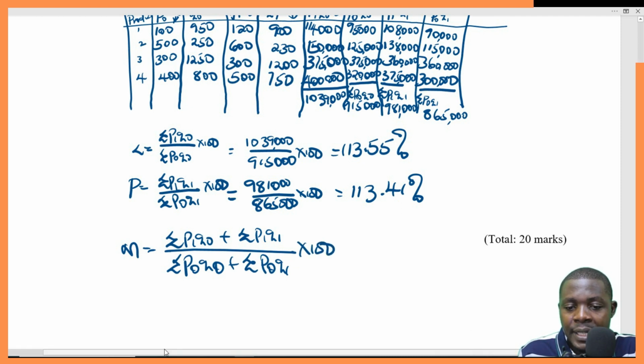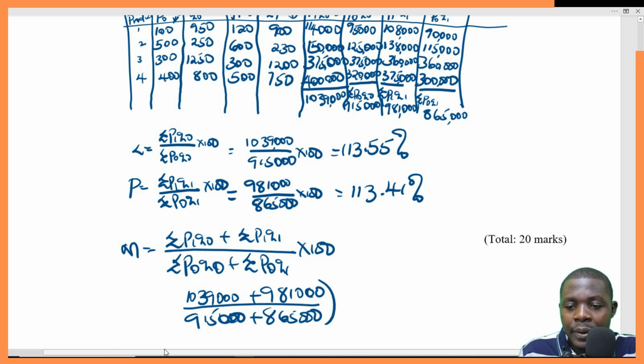Now we just present the figures that we had written up there. It is 1039,000. We are adding 981,000, and then we divide everything by 915, also we add 865. Then whatever we get, we multiply by 100.